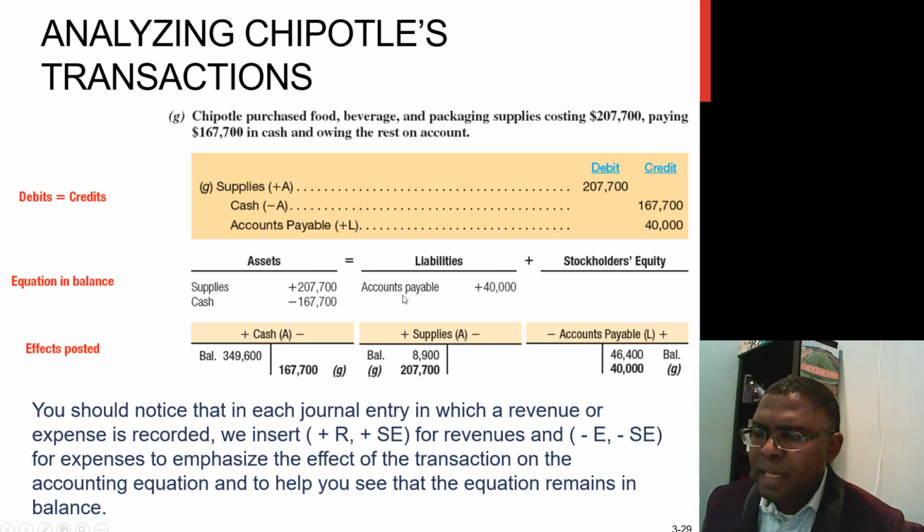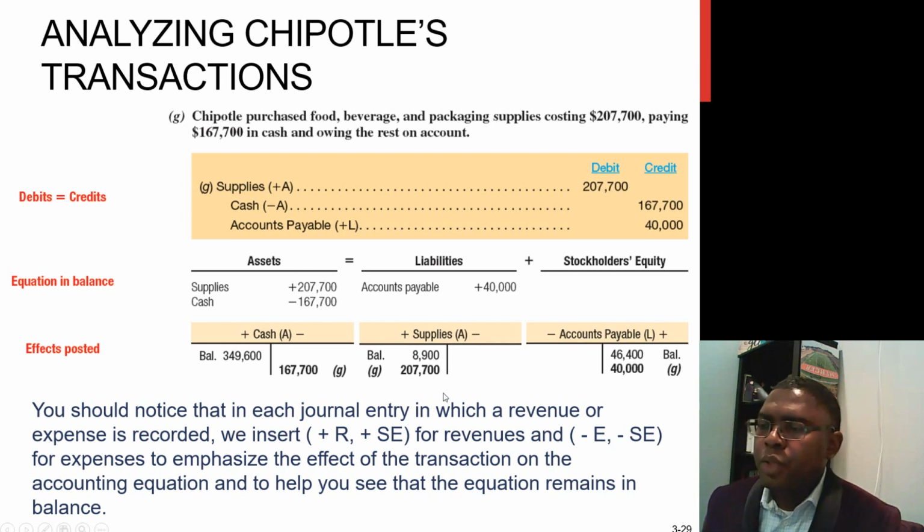And then we also had accounts payable, that is a liability account, which increased by $40,000. So when we say the accounting equation must balance, we imply that the left-hand side of the equation must be equivalent to the right-hand side. So when we sum this up, we will have 40,000, and on this side is also $40,000. So the balance sheet equation balances.